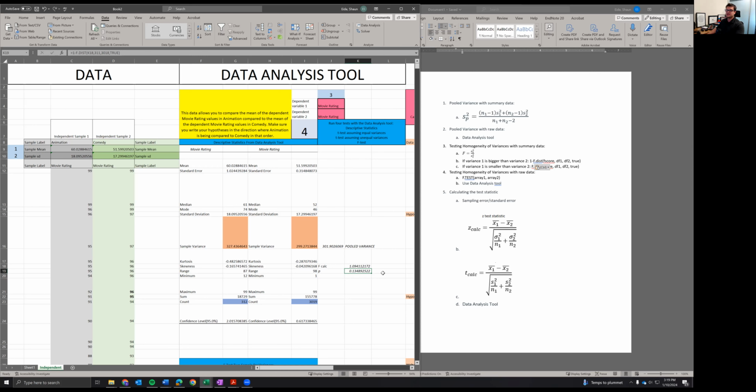If P is less than 0.05, run the unequal variance test because it violates the assumption of homogeneity of variances.